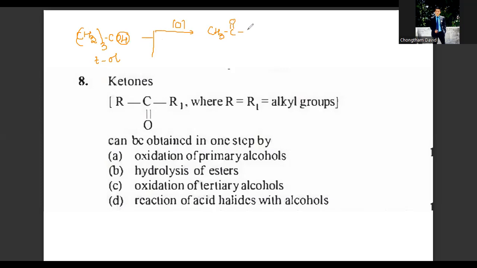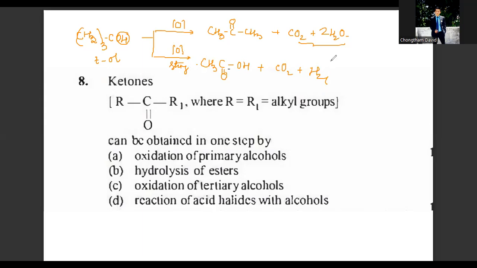This ketone is your acetone, and water molecule and carbon dioxide are byproducts. On strong oxidation, you will get acetic acid. So let me write here strong oxidation, you are going to get acetic acid. You can balance this equation later on.